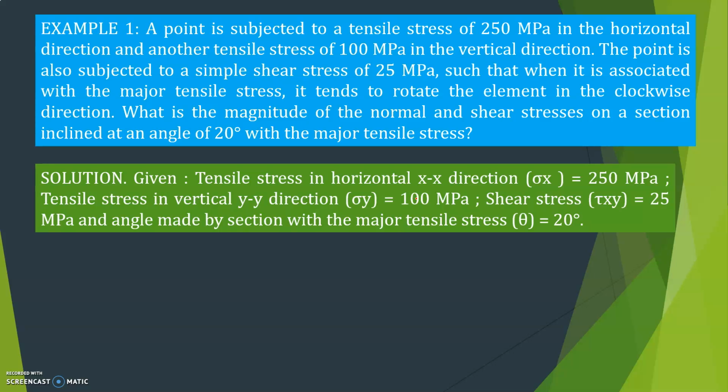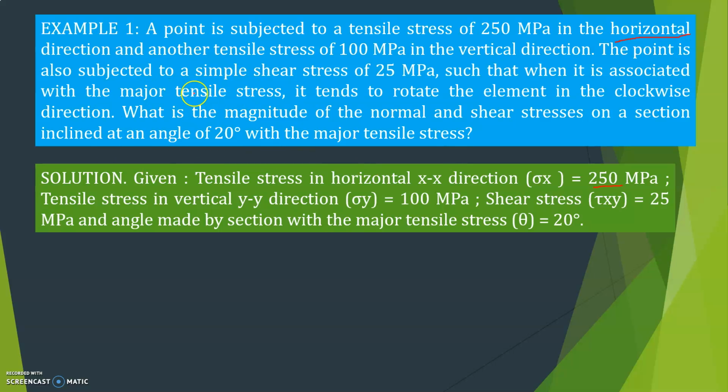So what is given here? Tensile stress in the horizontal xx direction, that is sigma x, is equal to 250 MPa.